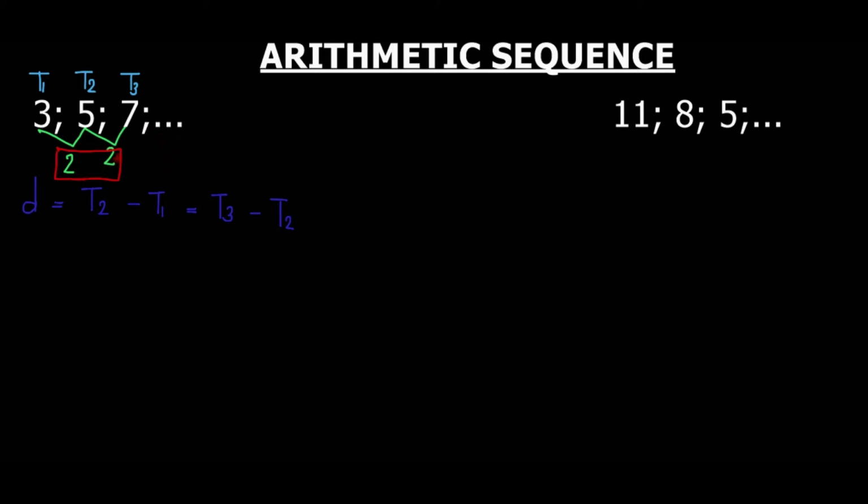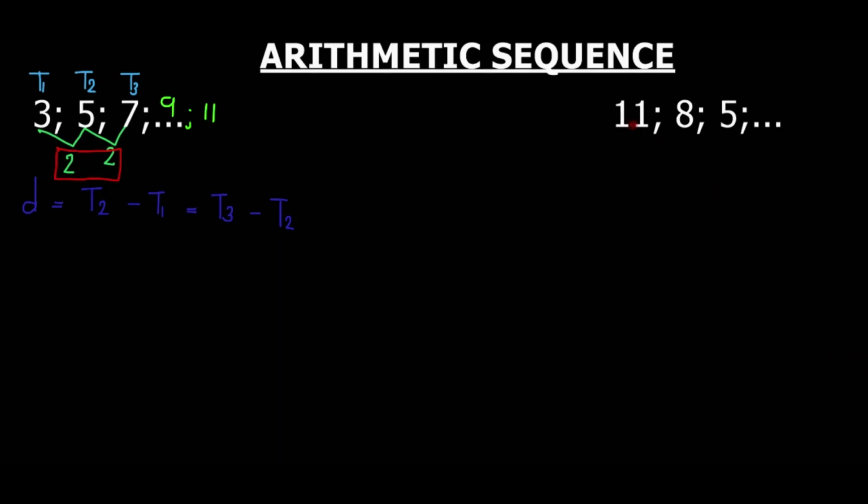In this case, our constant difference is 2. So this means 7 plus 2 is 9. And then we do the same thing. 9 plus 2 is 11. So we add the constant difference.